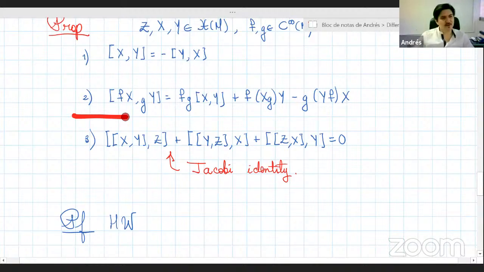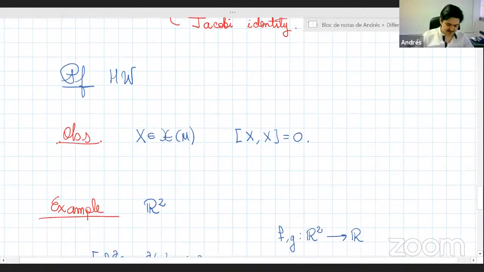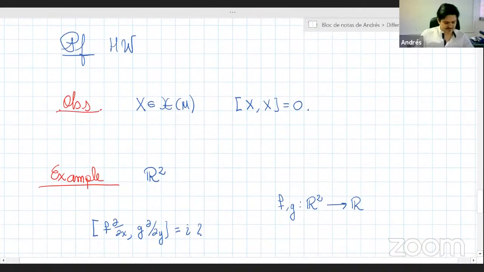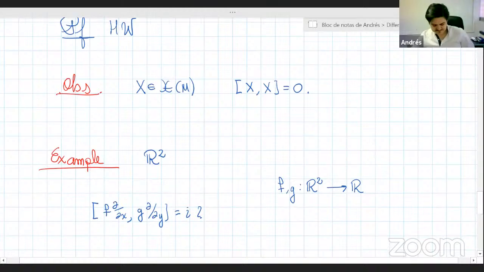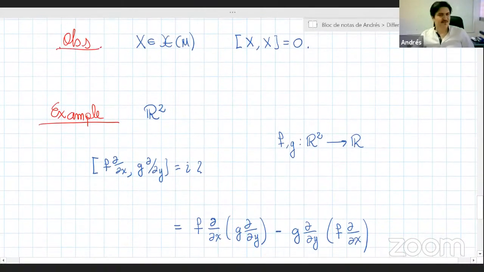With a particular x and a particular y. Okay? So the first thing to do is just the definition of the Lie bracket. So here, nothing new.